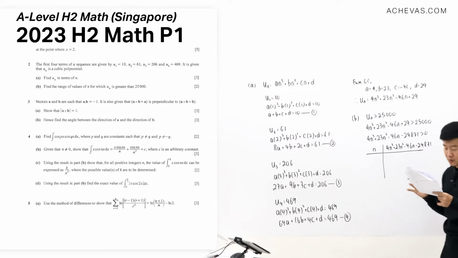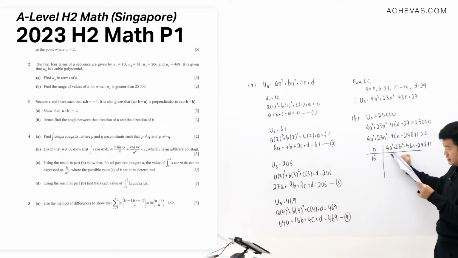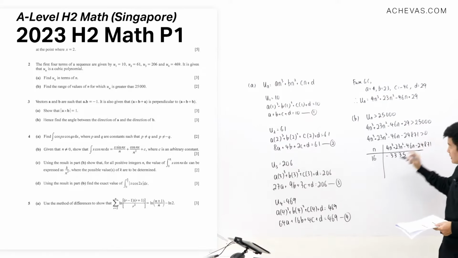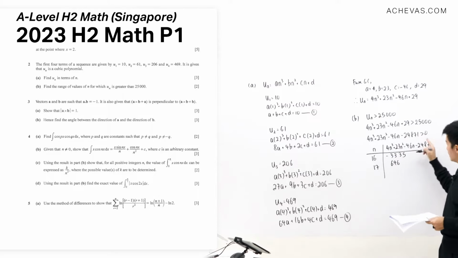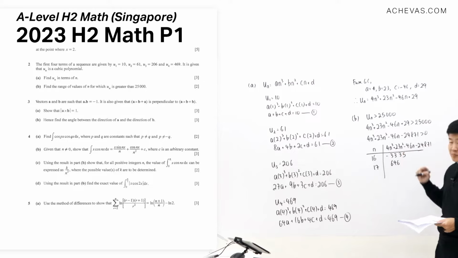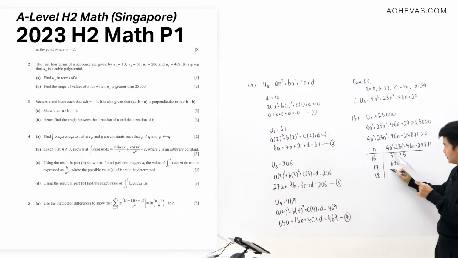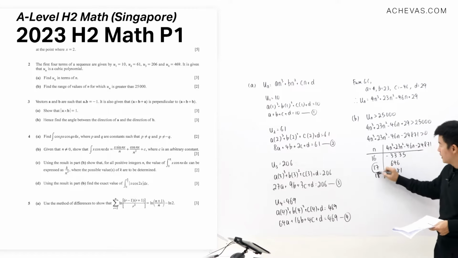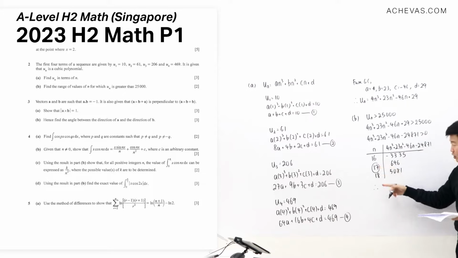Scrolling down the table in our calculator, you will realize that when n is equal to 16, this is negative 3335. This is not positive yet. When it is 17, this is 646. This is the first time when this expression becomes positive. And when it is 18, it is going to continue to be positive, 5081. So from here, we know that n is going to be from 17 onwards.